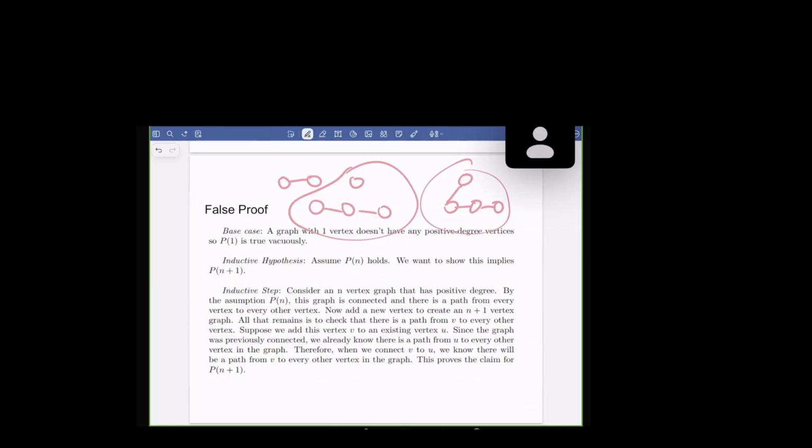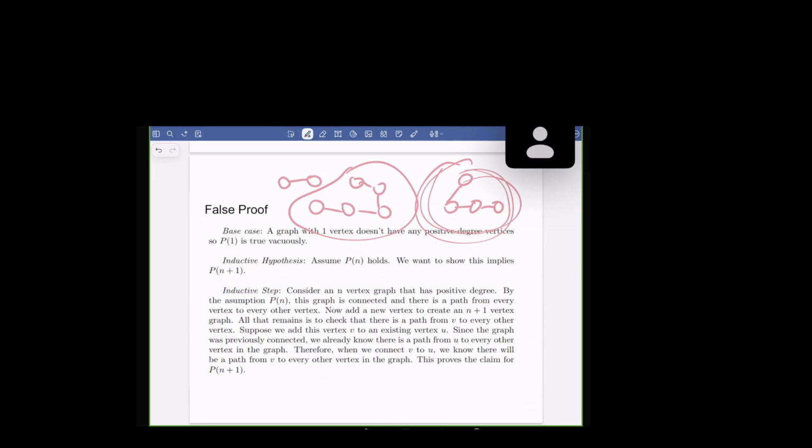Then you have to somehow construct the base case, but because of the way we removed it, we're not able to get the base case to show up again. So it's not a valid inductive proof, because there's no way to reconstruct this base case if we choose a certain way to remove the vertex. So there's no way to prove it.